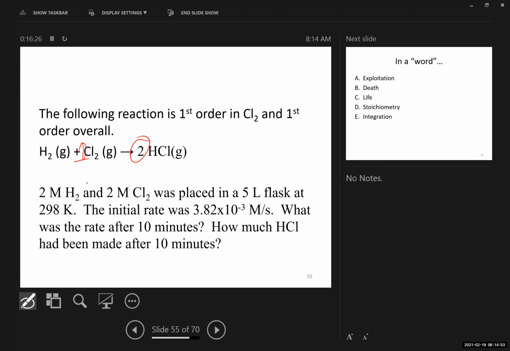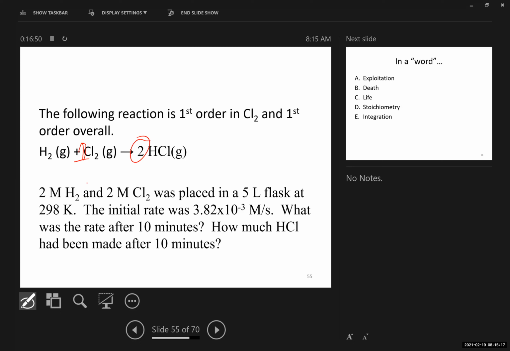There are 3 amounts of hydrogen, 3 amounts of chlorine, and 3 amounts of HCl in this reaction at all times. None of them, first of all, are stoichiometry. I do not have 2 moles of HCl and 1 mole of chlorine. I have whatever I put in the beaker.